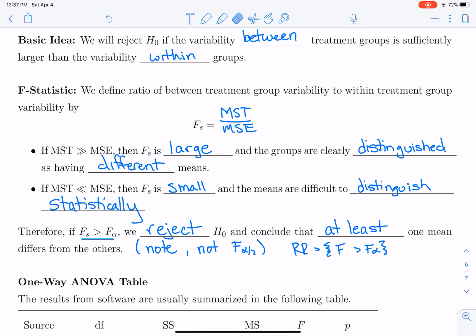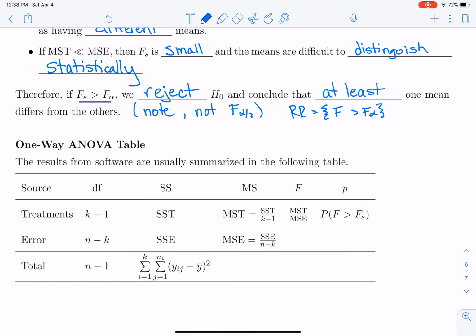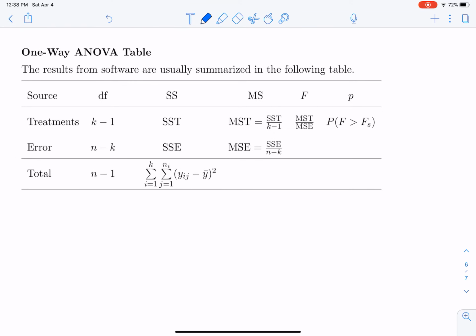Most of the time you're going to want to run this kind of test in software. I'm going to show you how to do one by hand, but most of the time you will run this kind of test using software. And usually the software will give you a table that looks like the one here. They'll tell you the degrees of freedom for treatments and for error, and then the total degrees of freedom, which is just n minus 1.